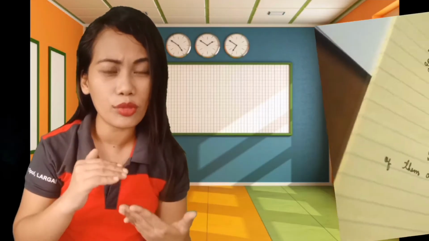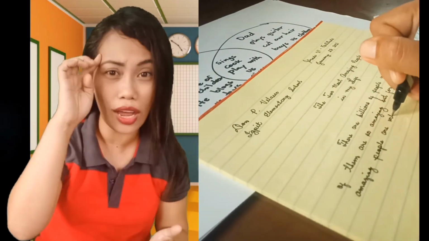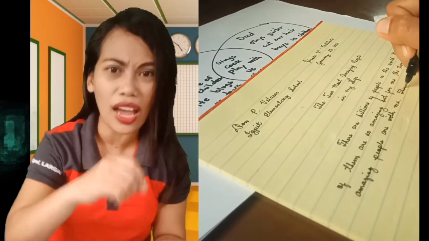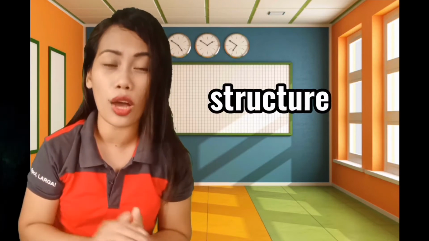Tapos, ilalahad mo sila in an organized way. Hindi yung kung ano lang ang nasa isip, yun na, agad na yun. You should know how to organize your thoughts, your ideas. And how are you going to do that? We have some guide questions for you. Those guide questions should serve as the structure of your composition.